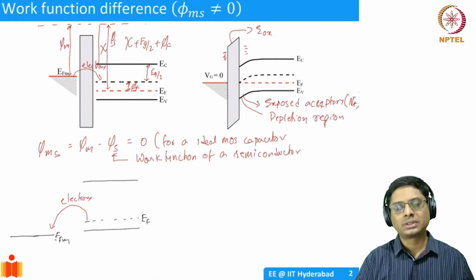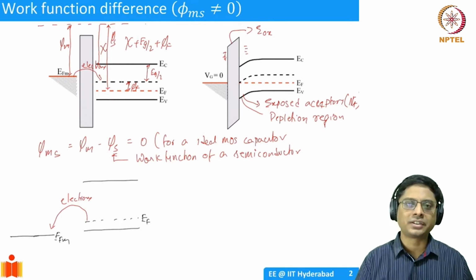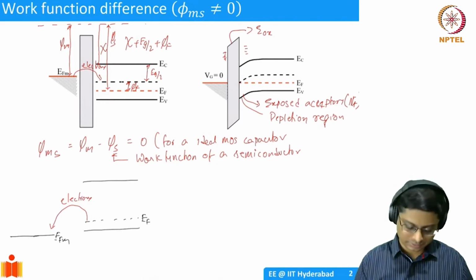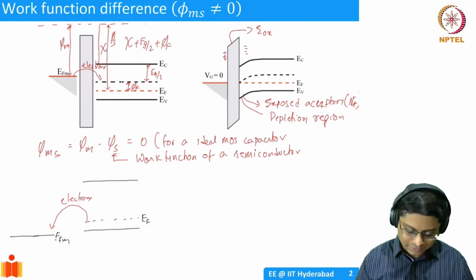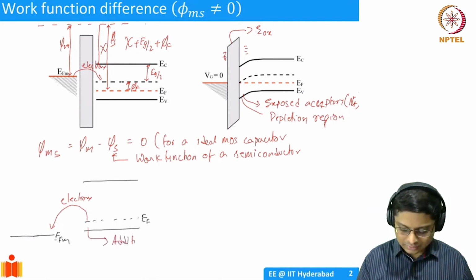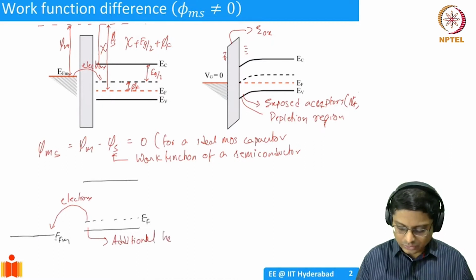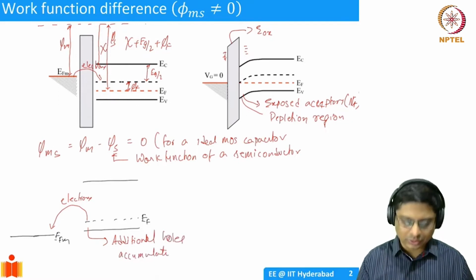Electrons always move from regions where the Fermi energy is higher to regions where the Fermi energy is lower. When electrons move this way, holes are getting created here. Additional holes accumulate here, because this effect is valid only at the surface.